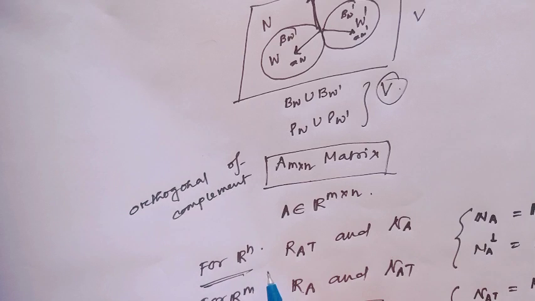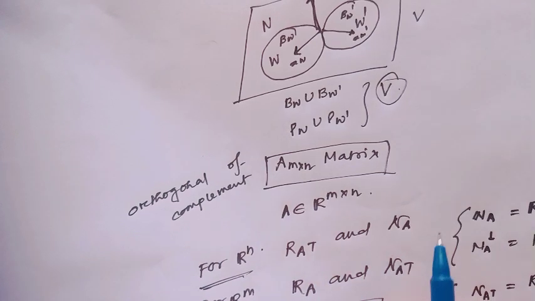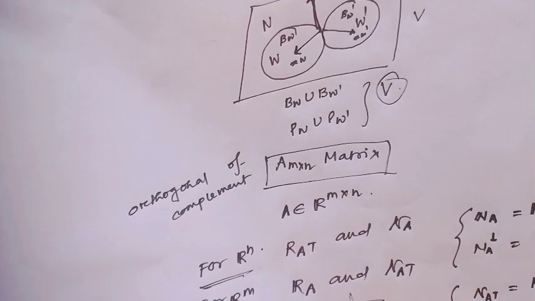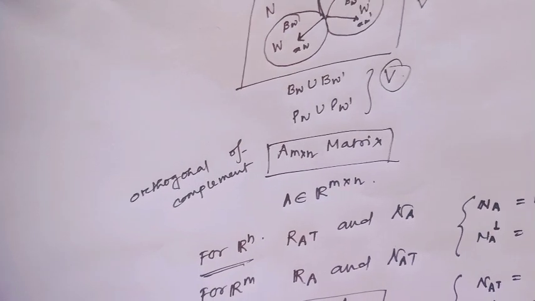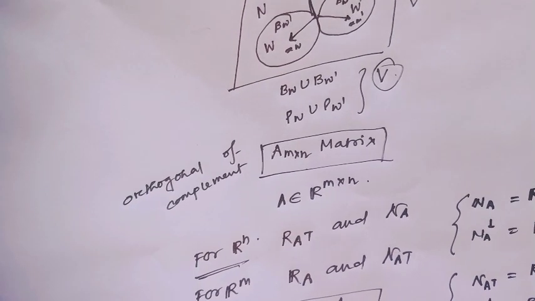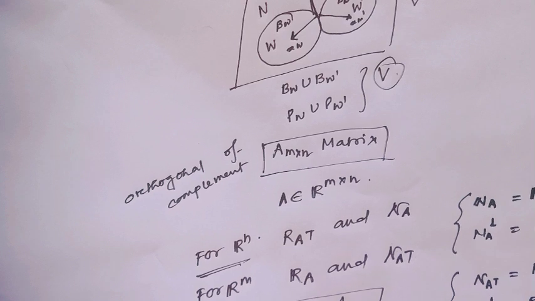For Rn, the subspaces are the range space of A transpose and the null space of A, and for Rm, the subspaces are the range space of A and the null space of A transpose.